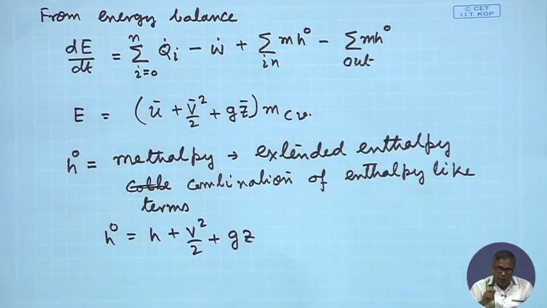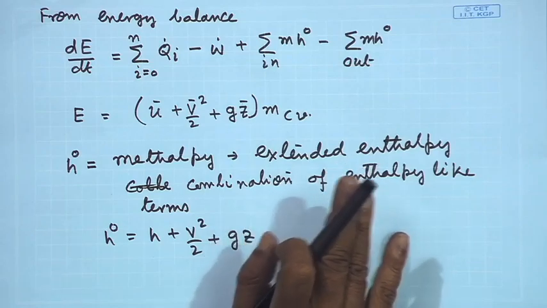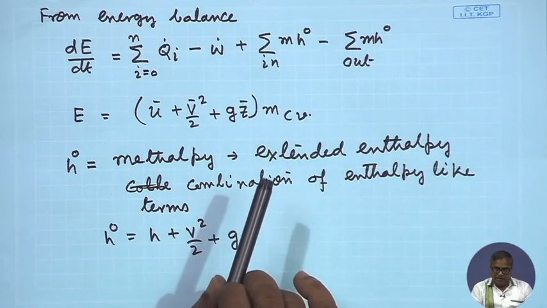So, this is how we can write our first law of thermodynamics, or energy balance, for the control volume. Here I would like to attract your attention to one point. We are having different forms of energy here. Some of them are stored energy and some of them are energy in transit.